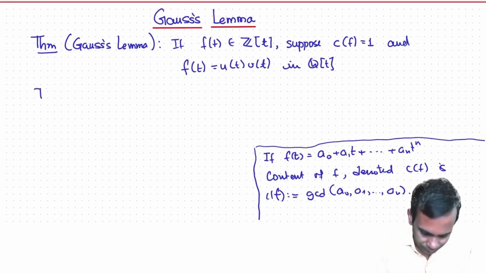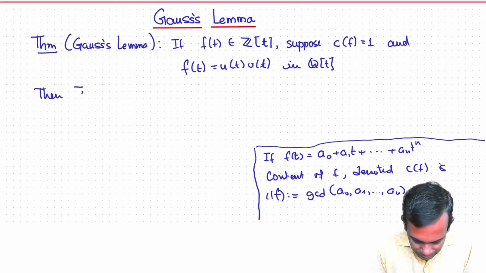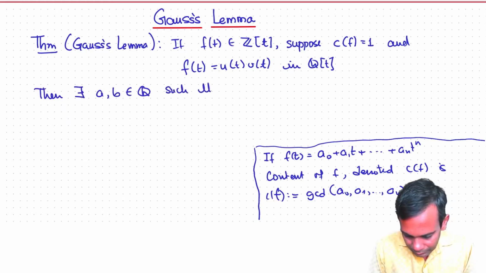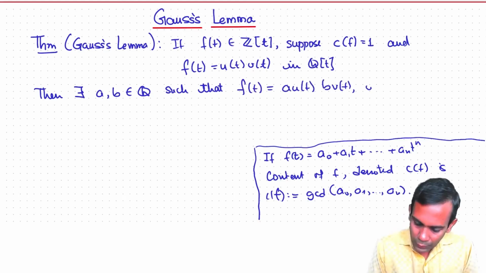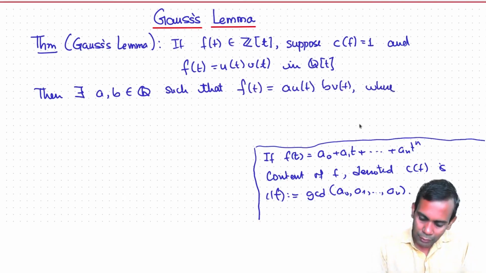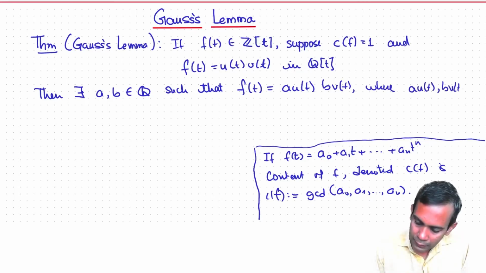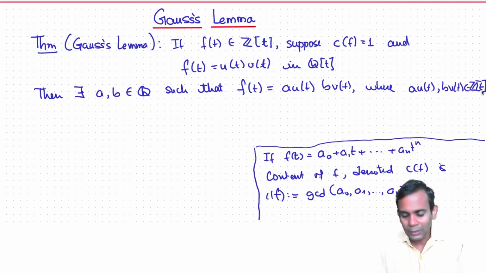Then there exist rational numbers a and b such that f(t) is equal to a u(t) times b v(t), where these scalings of the polynomials have integer coefficients, a u(t) and b v(t) belong to Z[t]. Okay, so basically what it's saying is that if you have a factorization in Q[t], then you also have a factorization in Z[t].